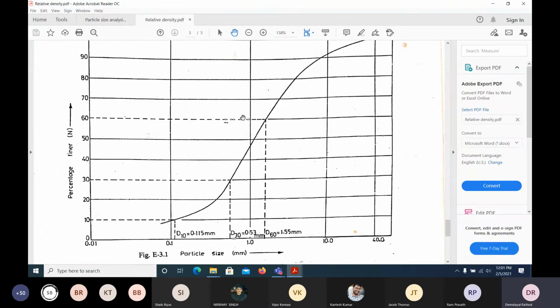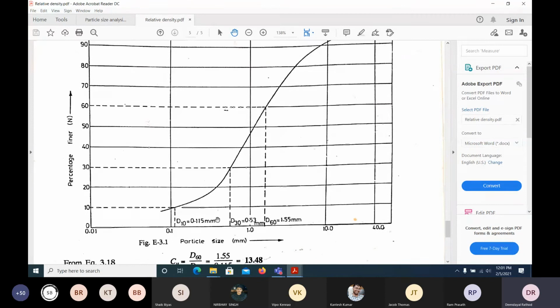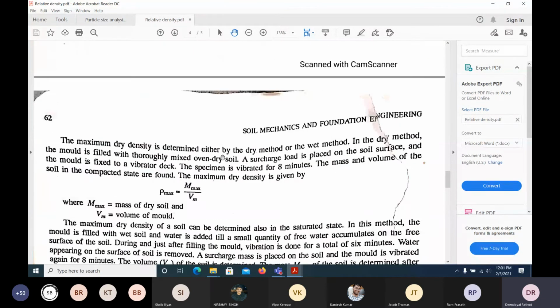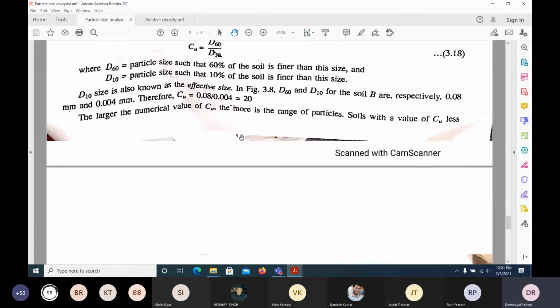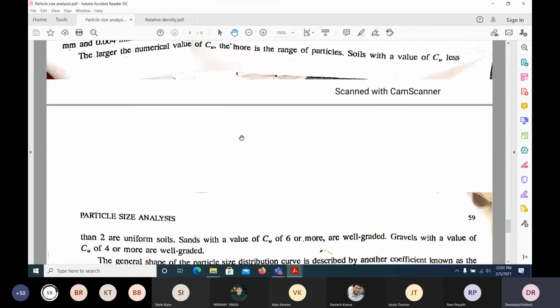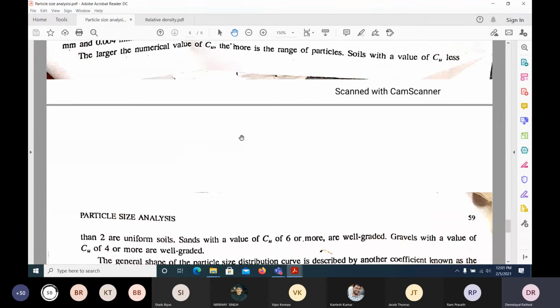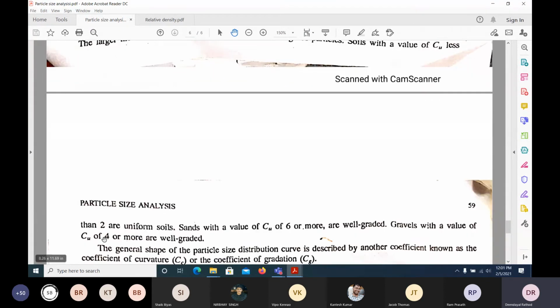Okay, only vertical. And this is well graded soil, that we have seen. Where are the values of coefficient of uniformity? Here you can see. So the value Cu less than 2 is uniform soil.